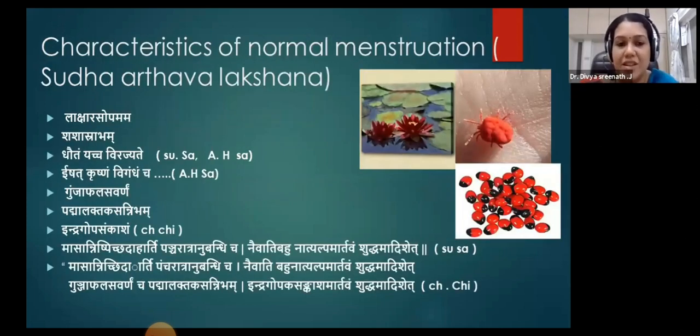Another most important question is the Shuddha Artava Lakshana. It may be asked for either 2 marks or even 5 marks.